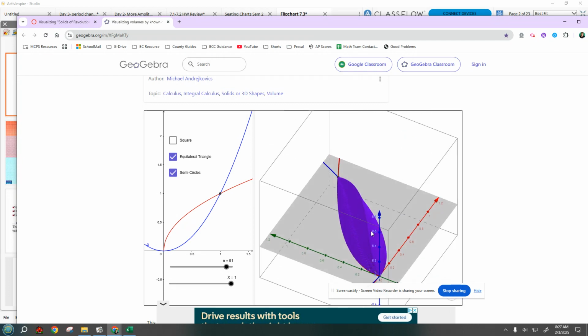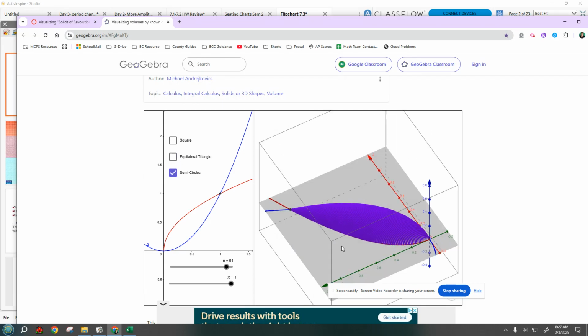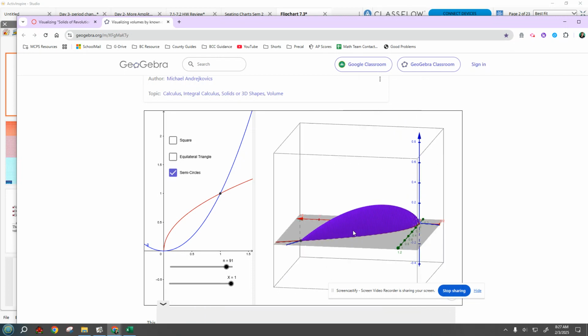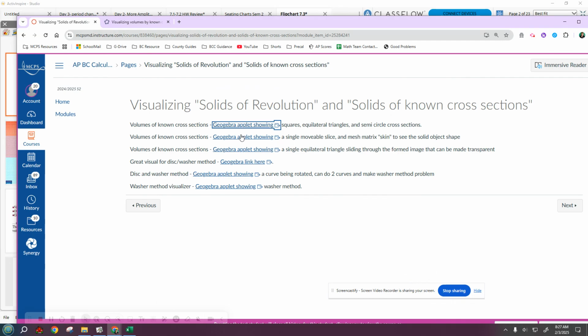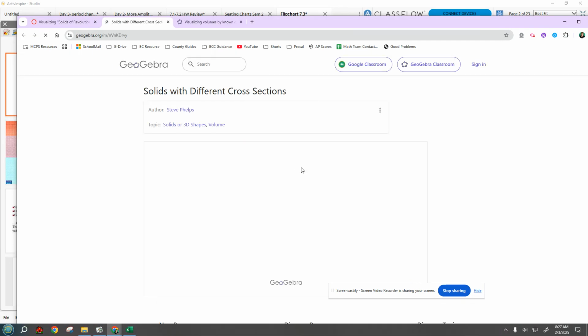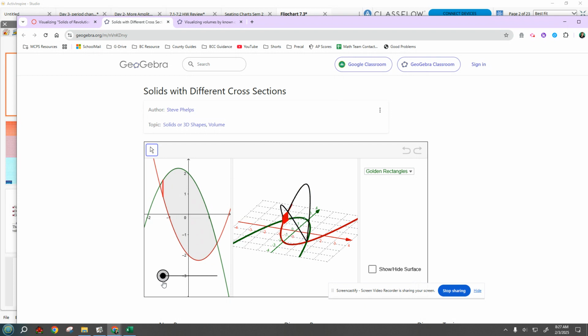Now it really looks like a fish with a mohawk, because I put semicircles on at the same time. Semicircle looks like one of those silverfish bugs. Anyway, I recommend that you toy with these when we do 7.3 tomorrow, so you can see what's happening to the shape as it moves along, and what the surface looks like as you go.